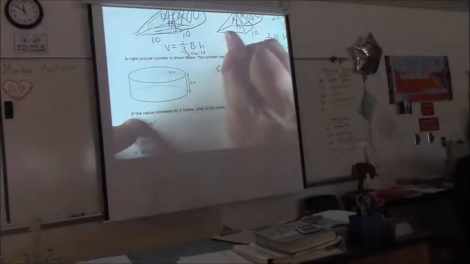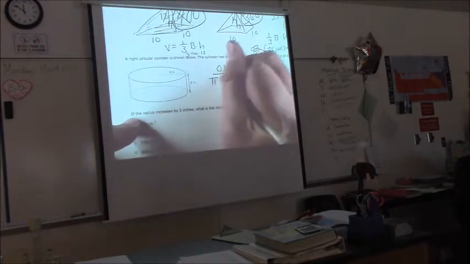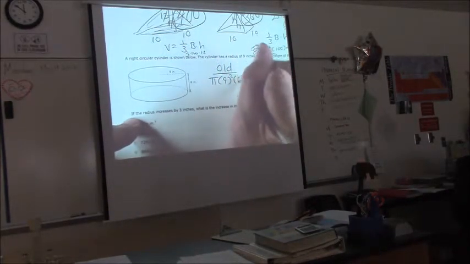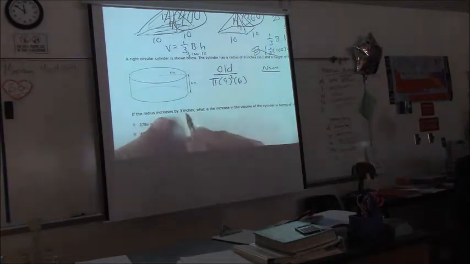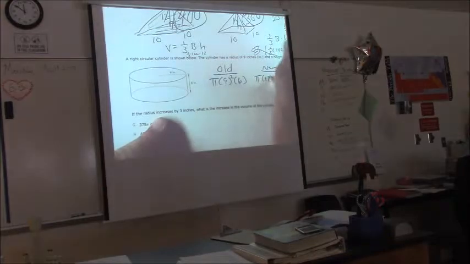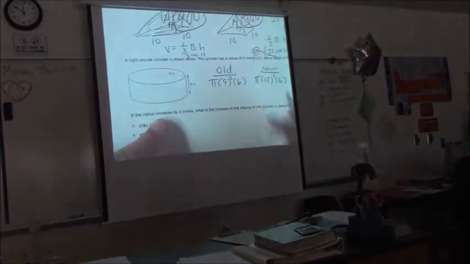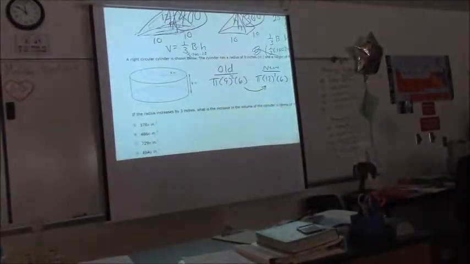So here's what you do. Basically, you have the old cylinder, which is this. Then you have the new cylinder. The radius increased by 3, so it's now 12. Keep the height the same. So how much bigger is that?